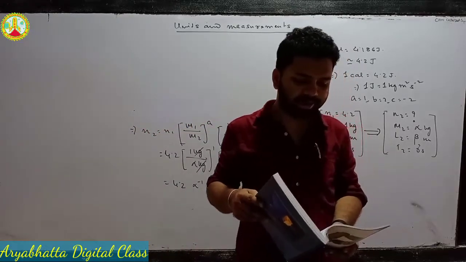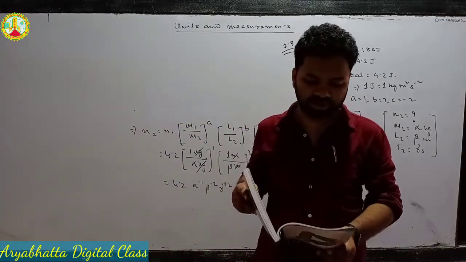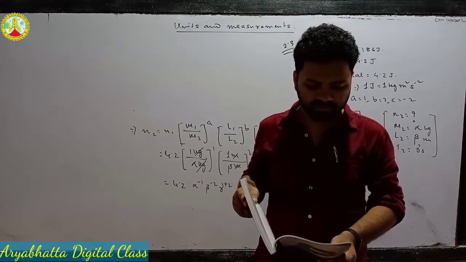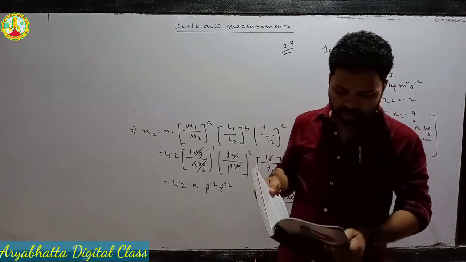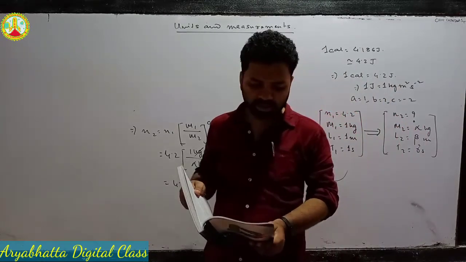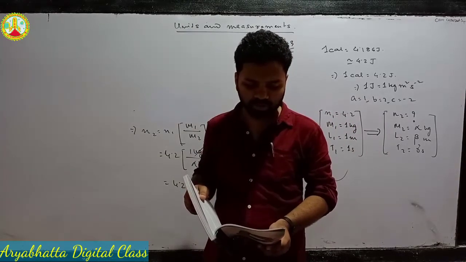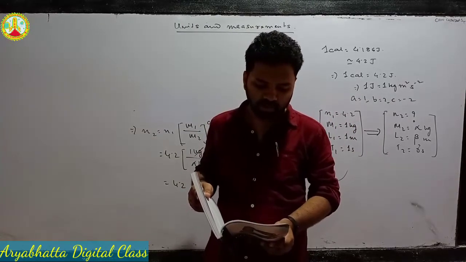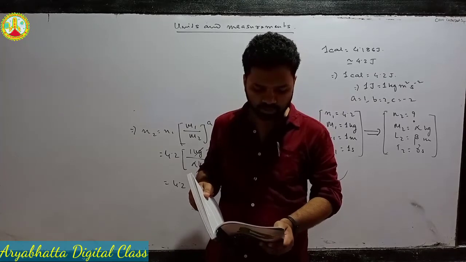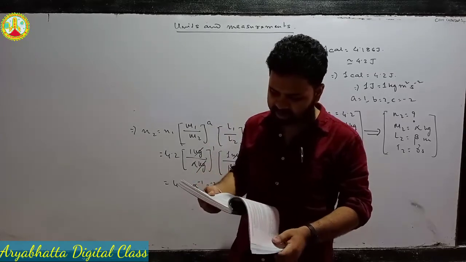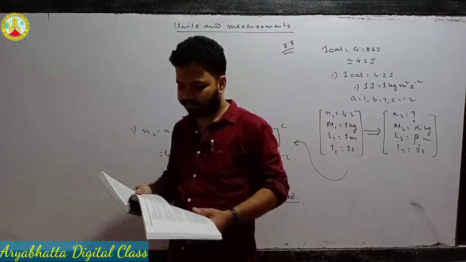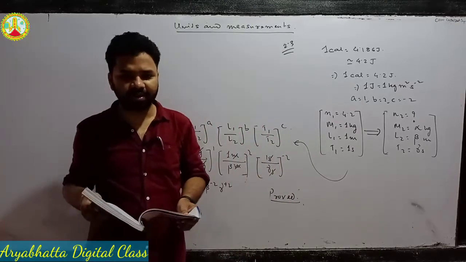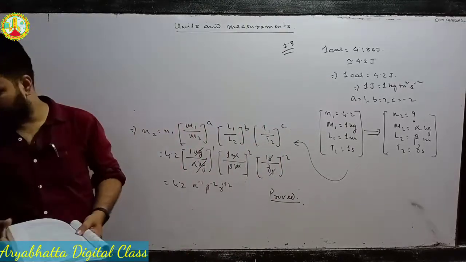So what is the area and volume? Use the rules of significant figures. 2.11 is homework. 2.12 you can do in your home, simple. 2.13 I will do now. 2.14 is homework. The remaining ones are not so important, but you can do them. But whatever I have mentioned as homework, please solve it.